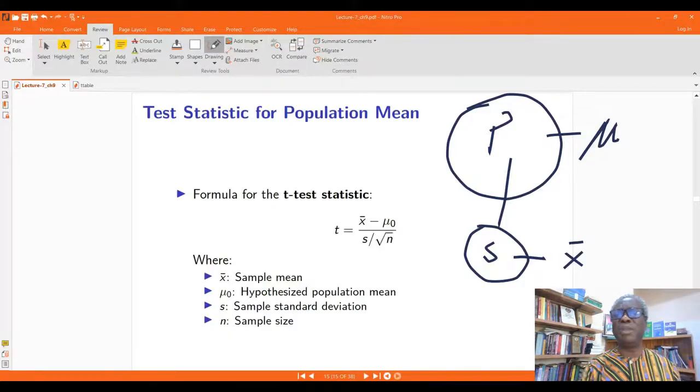So the usual process, as we discussed last week, you have to formulate the hypothesis.